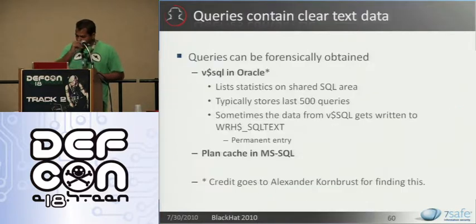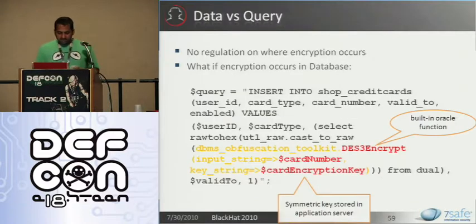Okay, so this is actually quite interesting. This makes me think about what is more important here, the data or the query. Although the data which is stored in the database would be encrypted using this mechanism, the query which will be executed on the database server will actually have the clear text PAN and the clear text key string in it.